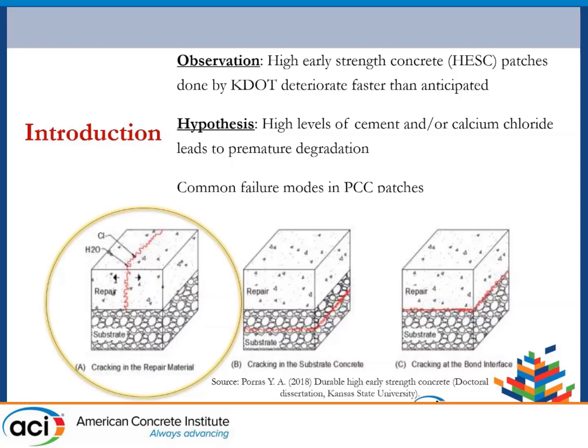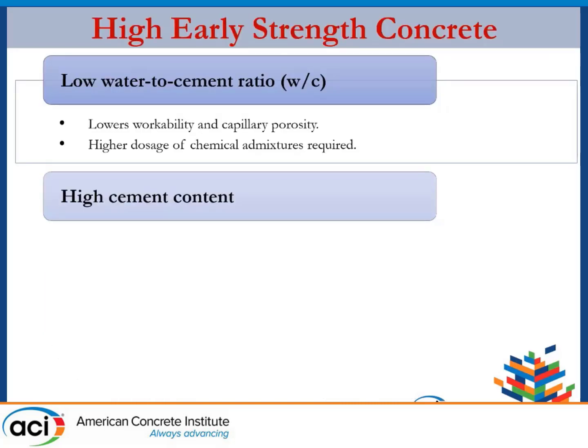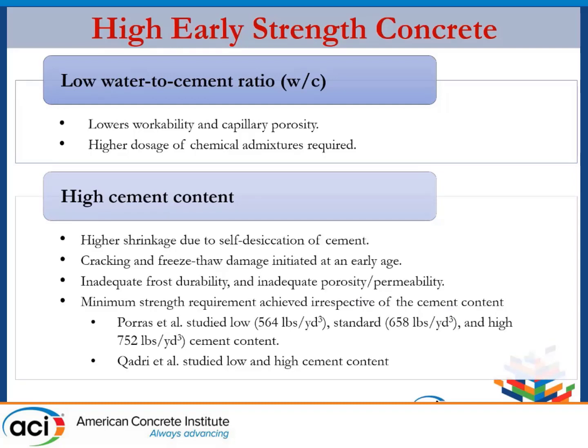Initially, it was thought that the main reason for this failure was that high strength concrete is composed of high cement content and a low water to cement ratio. The low water to cement ratio lowers the workability, which is why a higher dosage of chemical admixtures is required.